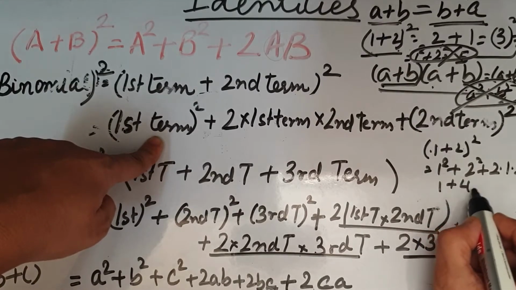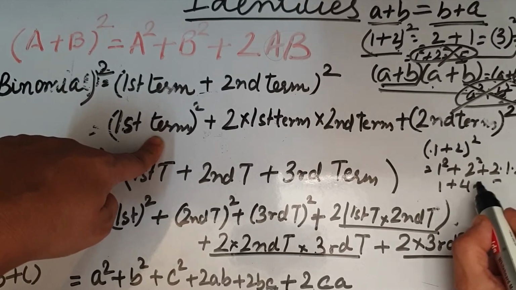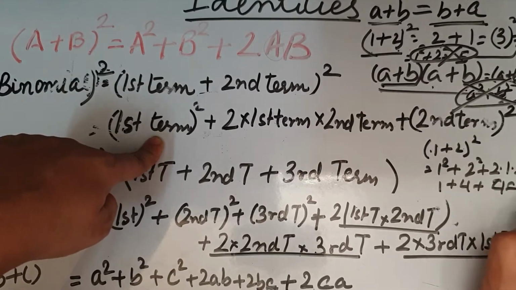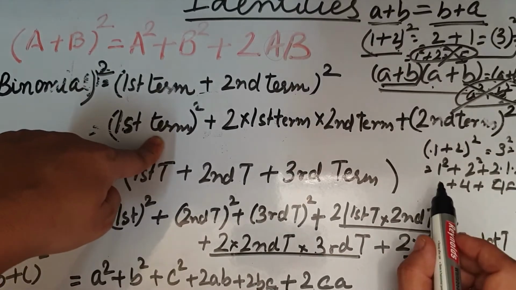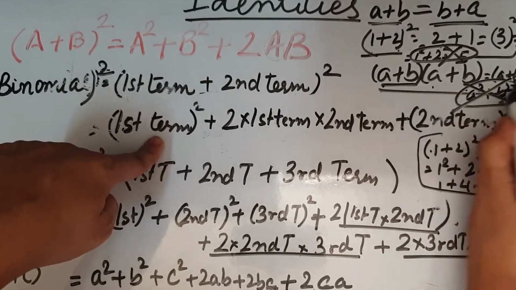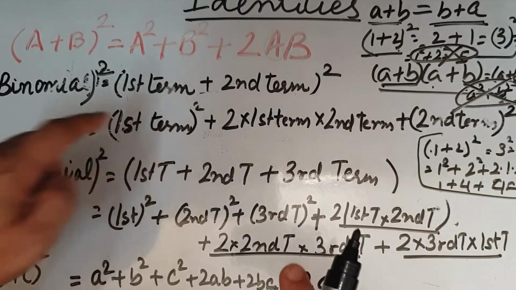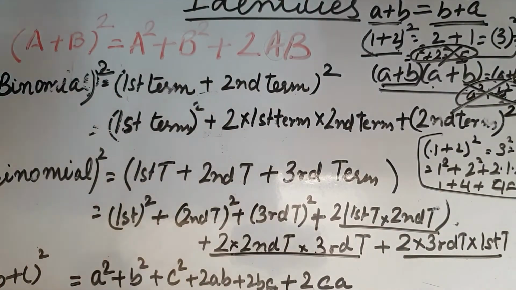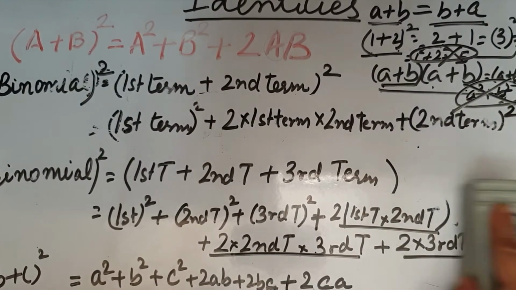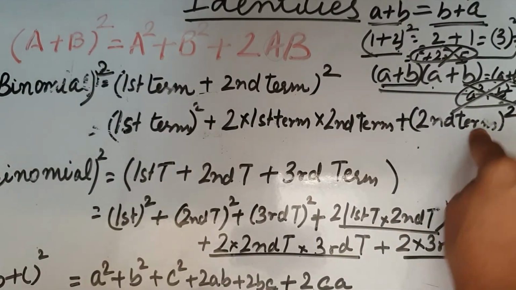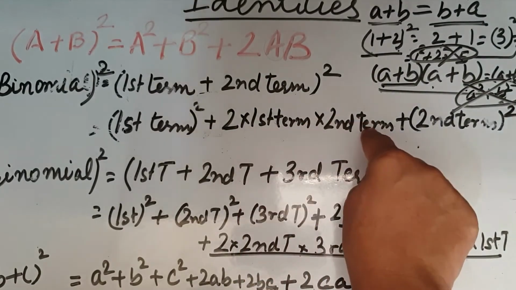Yes, 1 plus 4 plus 4, that is 9. Now this is the same as 3 square, 9. So this is what we are missing if we write only the first term square and second term square. So we have to learn that the binomial square contains 3 terms: first term square, second term square, and 2 into first term into second term.